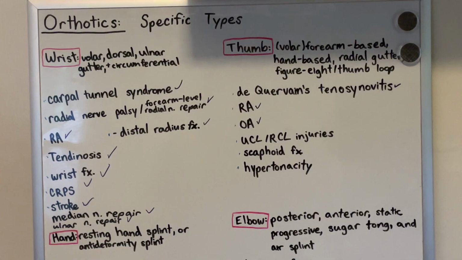And then UCL and RCL injuries, that stands for ulnar collateral ligament and radial collateral ligament. So you can use a hand-based thumb spica splint for that as well. But I also learned a couple splints that sounded kind of new to me: a figure 8 orthosis for the thumb and a thumb loop splint.